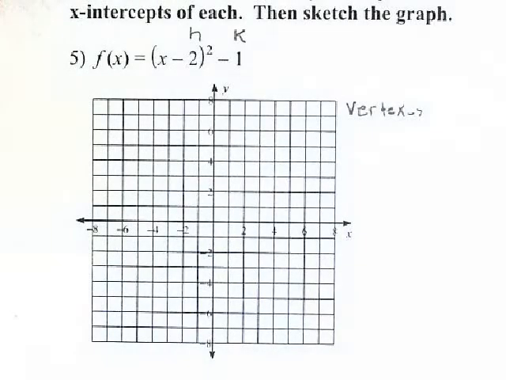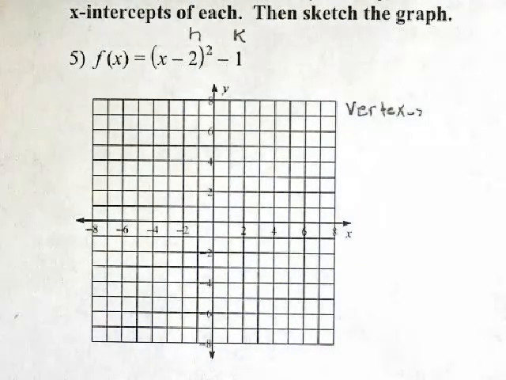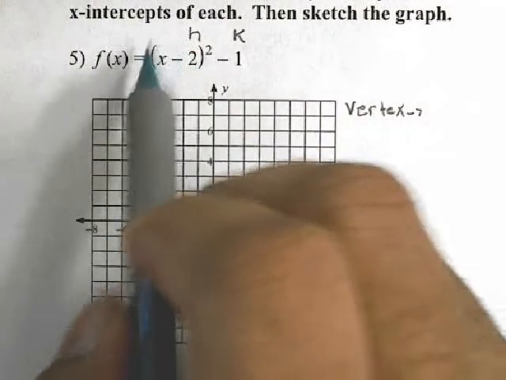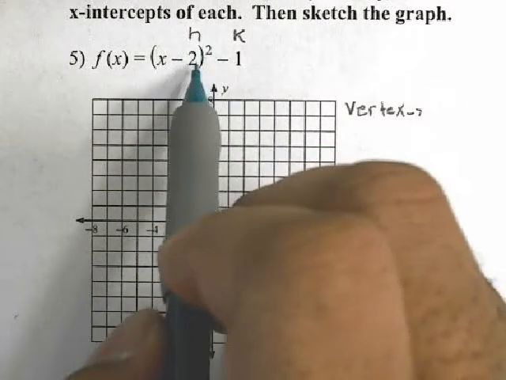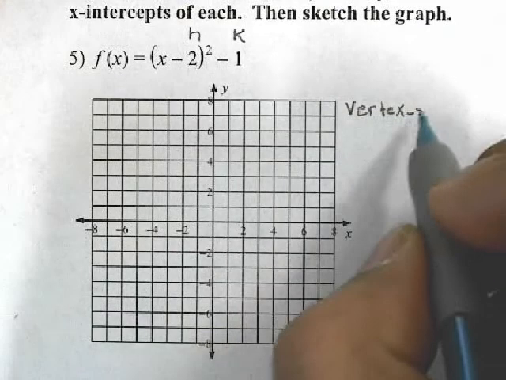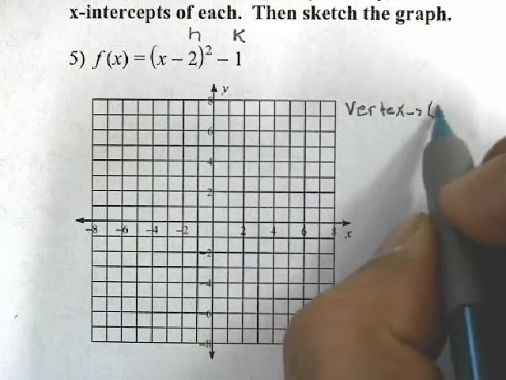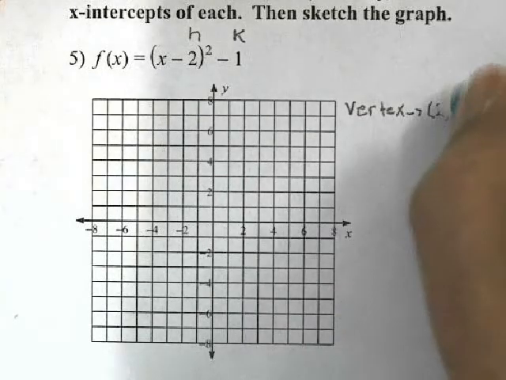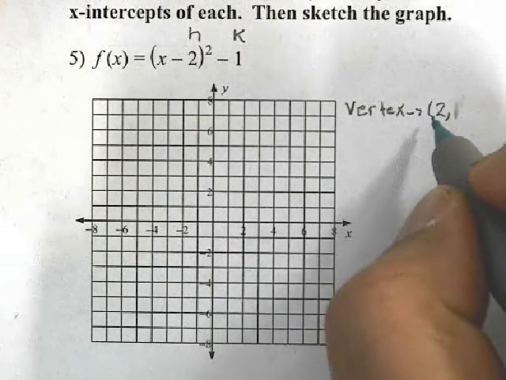You can label it every time because (h, k) is very important. Now, don't forget our formula is a(x minus h) squared plus k. So the vertex here would be at (2, negative 1). My fault, (2, negative 1).